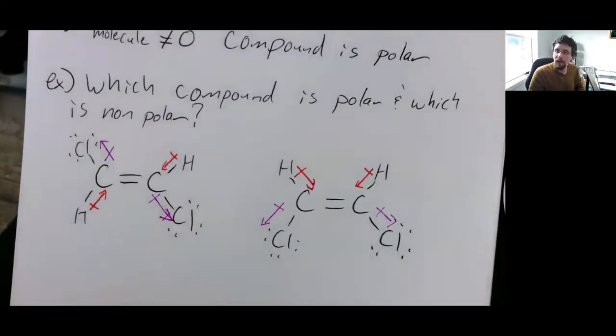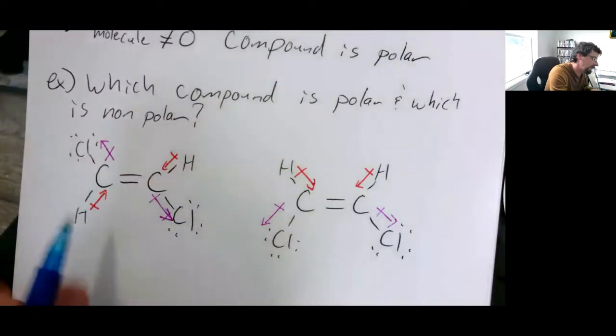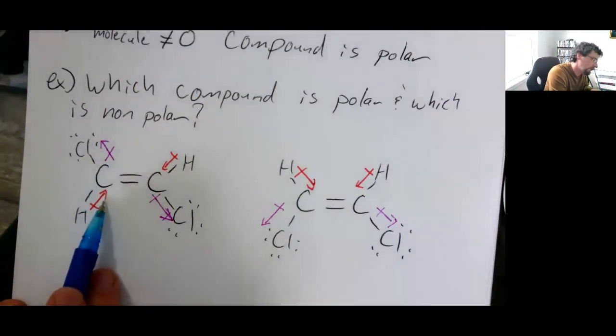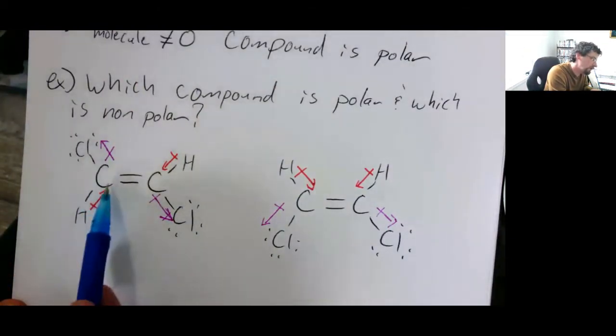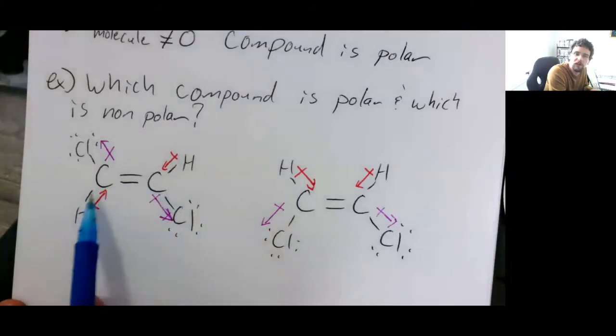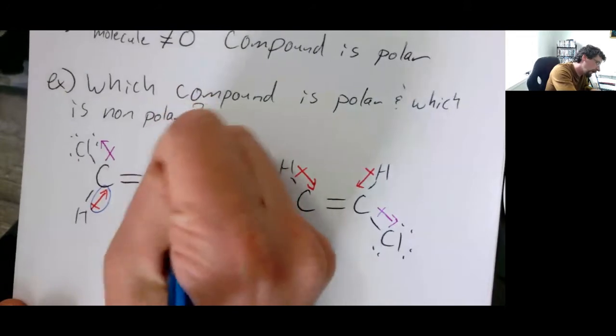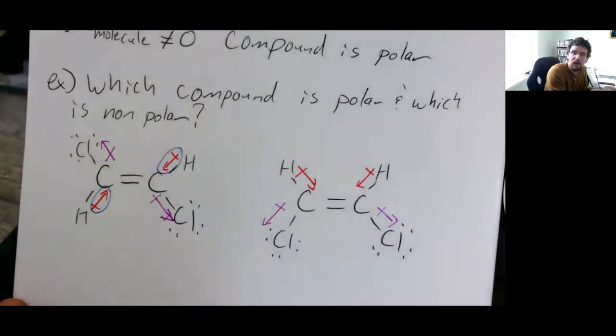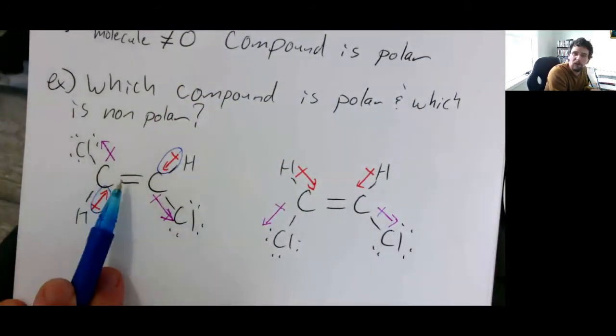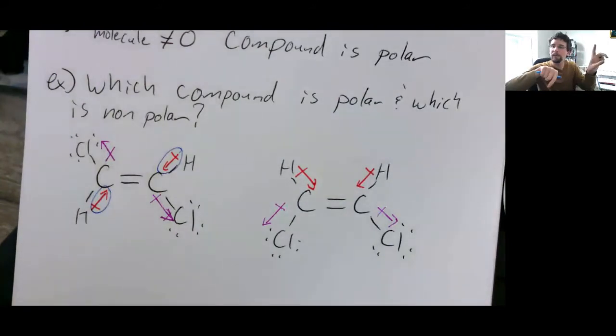Where is the overall bond dipole going to point? Let's consider the compound on the left first. If we look, these hydrogen-carbon dipole moments are actually pointing in equal and opposite directions. So these two bond dipoles will cancel out. Then if we consider the chlorine-carbon bond dipoles, again, they're pointing in opposite directions.